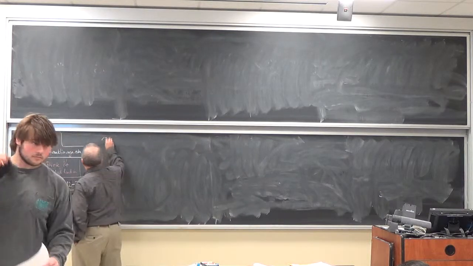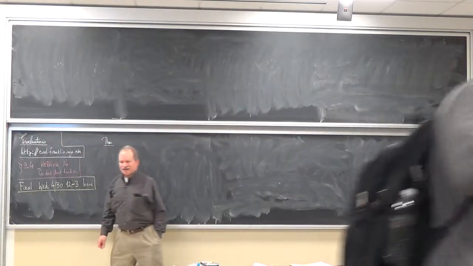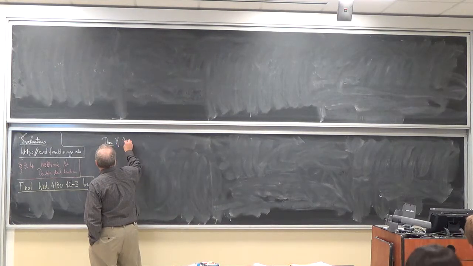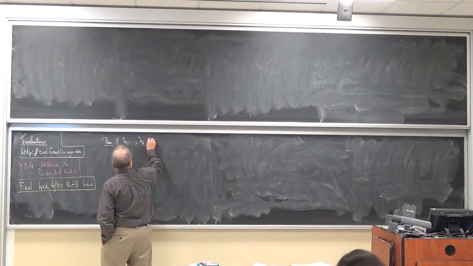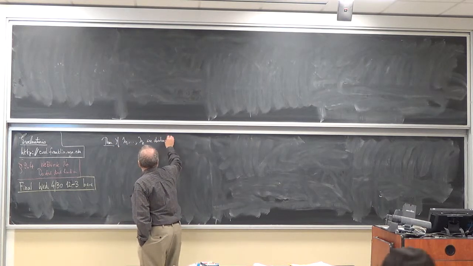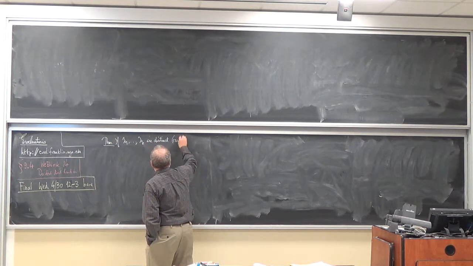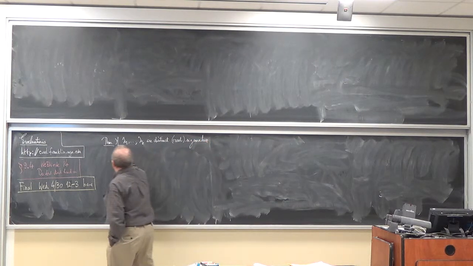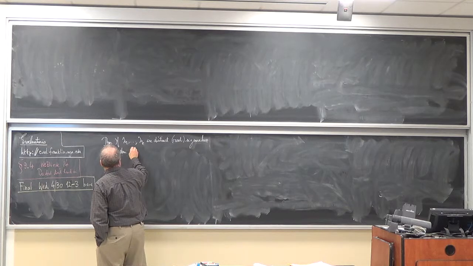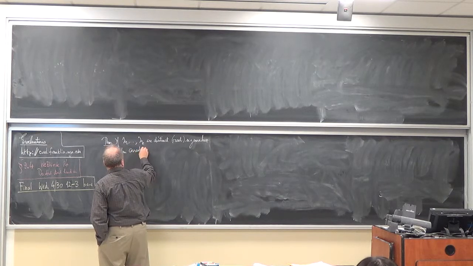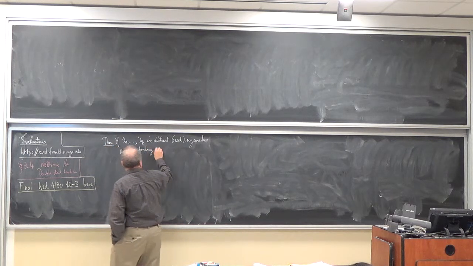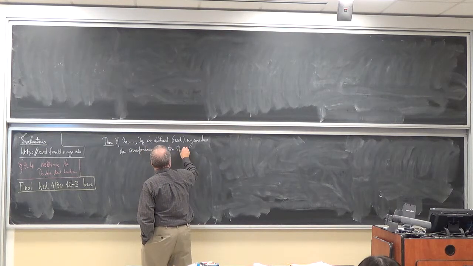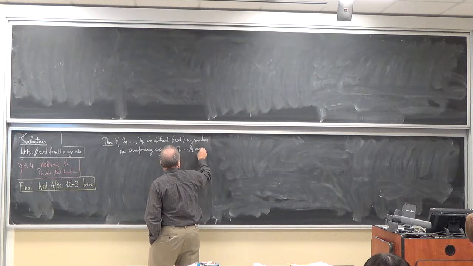So we proved the theorem, which had a red star on it. It said if lambda 1 to lambda k are distinct real eigenvalues, then corresponding eigenvectors v1 to vk are linearly independent.